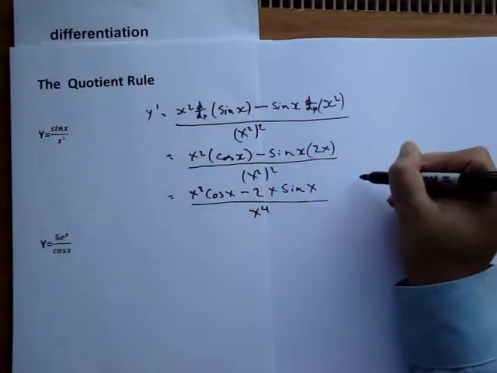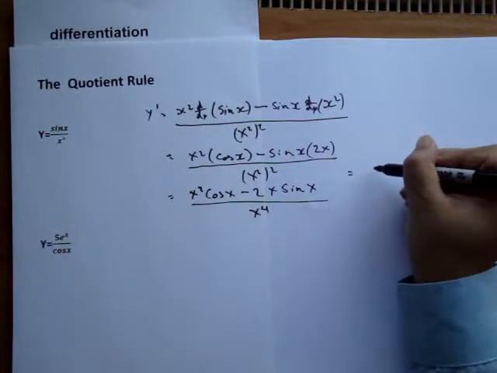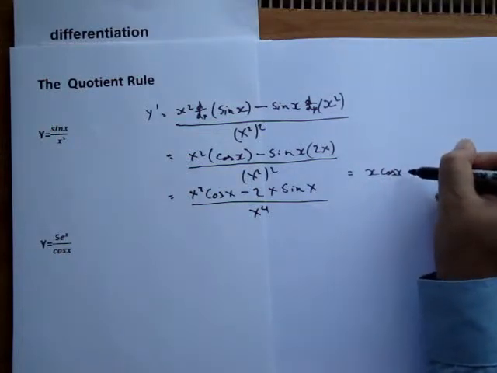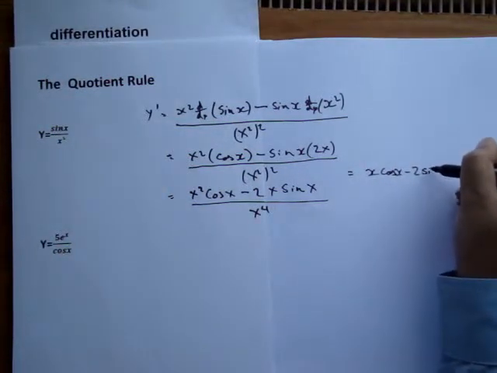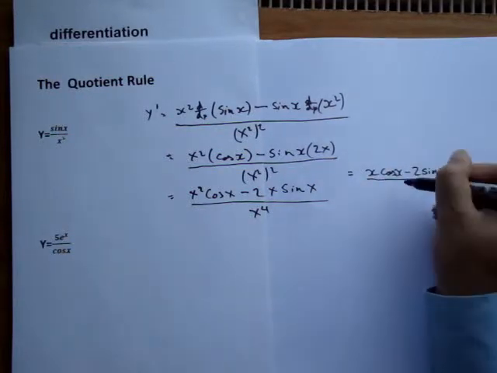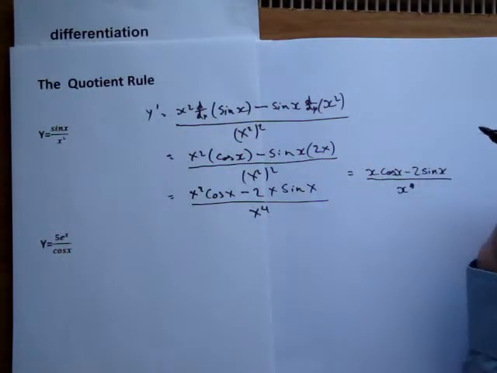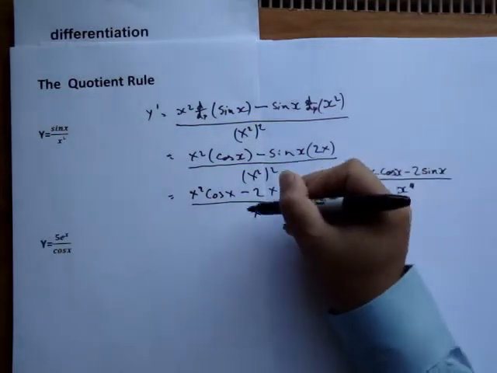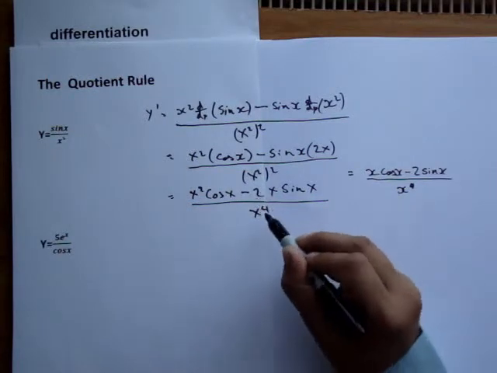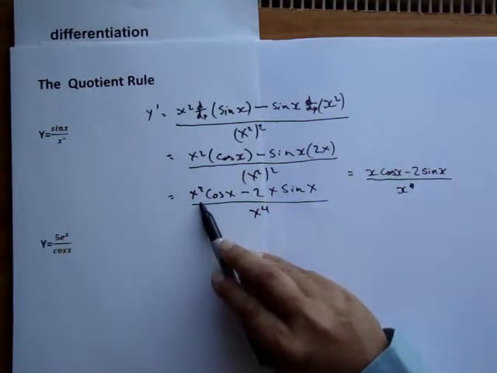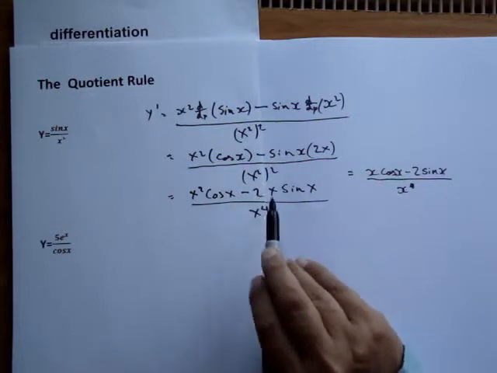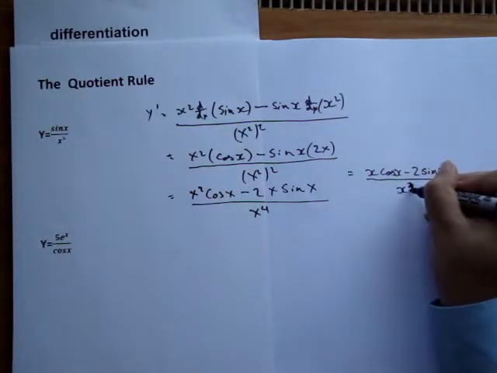And then when we work that out, that equals x cos x minus 2 sine x over... we can take out a sine x here and an x there, so that becomes x to the power 3.